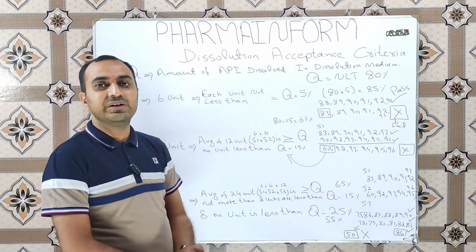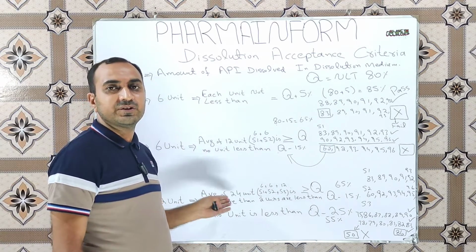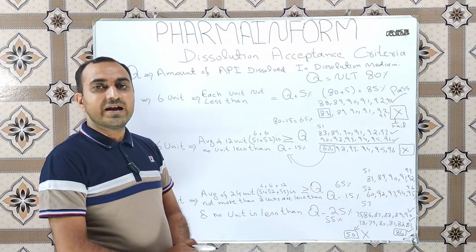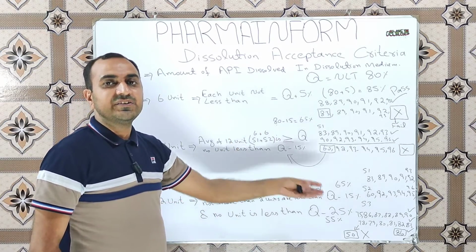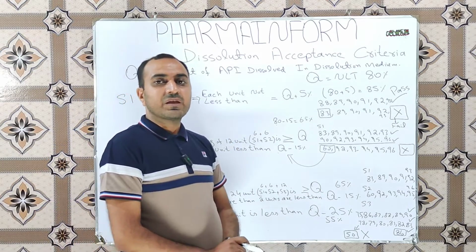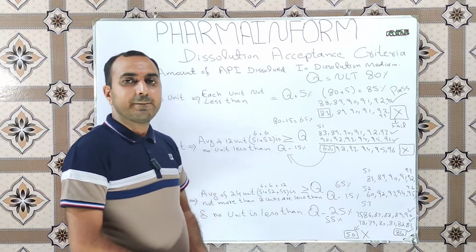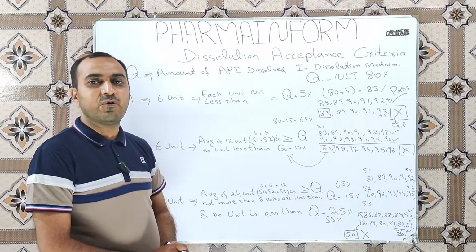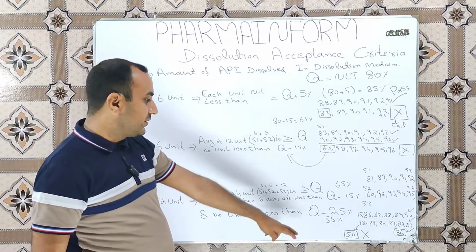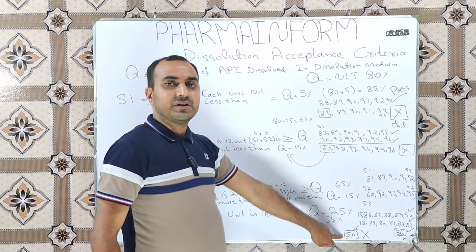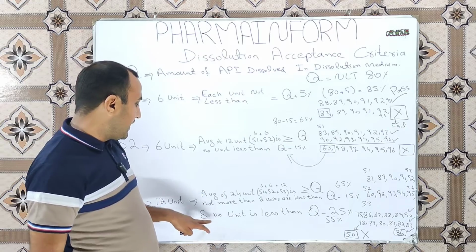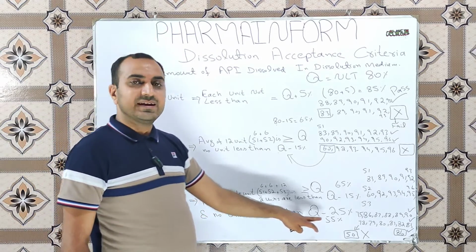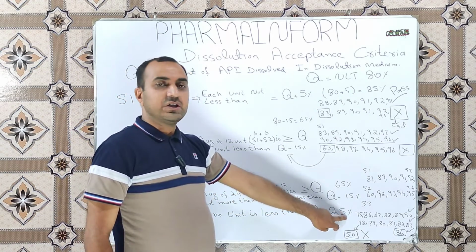So our batch meets the criteria or specifications of the S3 stage and our batch will be released at the S3 stage. But suppose what will happen if one unit or one tablet out of 24 tablets shows a result of 50%. The specifications say that no unit should be less than Q minus 25.